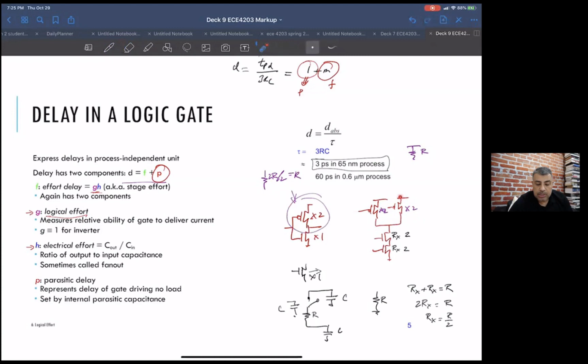And the pull up resistance, if you just turn on one of these P MOSFETs, is the same as the pull up resistance of the nominal inverter. And so that's how we make it equal.